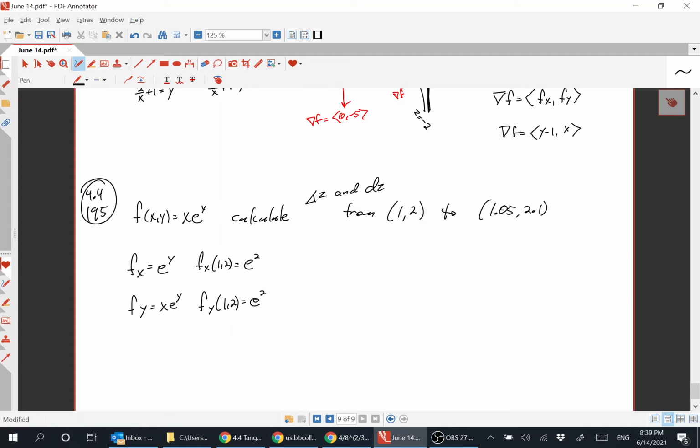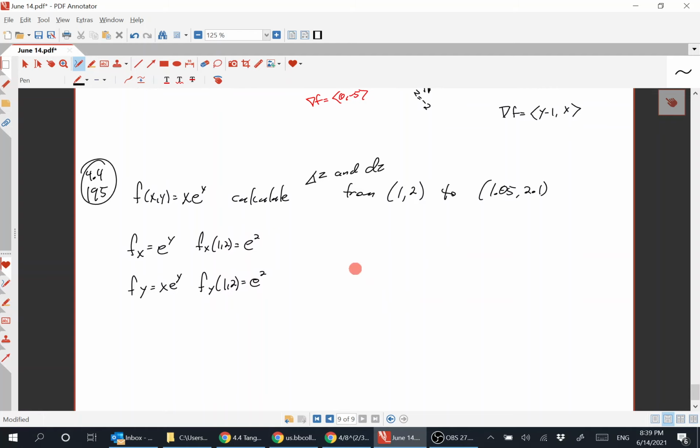Okay, now the differential dz is equal to fx times the change in x plus fy times the change in y. The change in x is 0.05, right, 1.05 minus 1, and delta y is just 0.1, both positive.